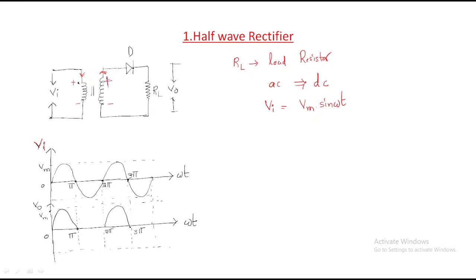If you observe here, for positive half cycle it is positive and negative. Okay, for positive half cycle the diode is forward bias because positive is connected to this side, negative is connected to this side.